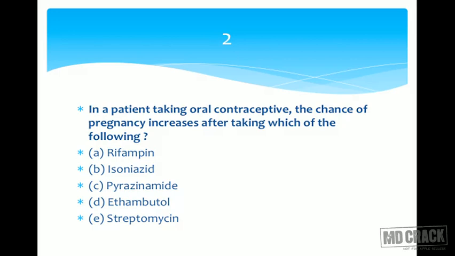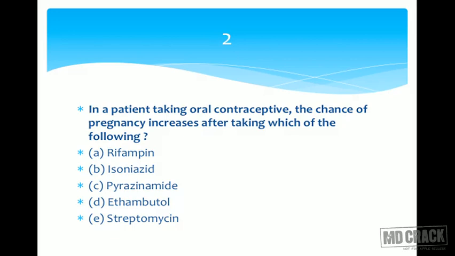So there is rifampin, isoniazid, pyrazinamide, ethambutol and streptomycin. Once again, rifampin, isoniazid, pyrazinamide, ethambutol and streptomycin. All these agents are anti-tuberculosis agents, and we need to know which one is an inducer of microsomal enzymes.